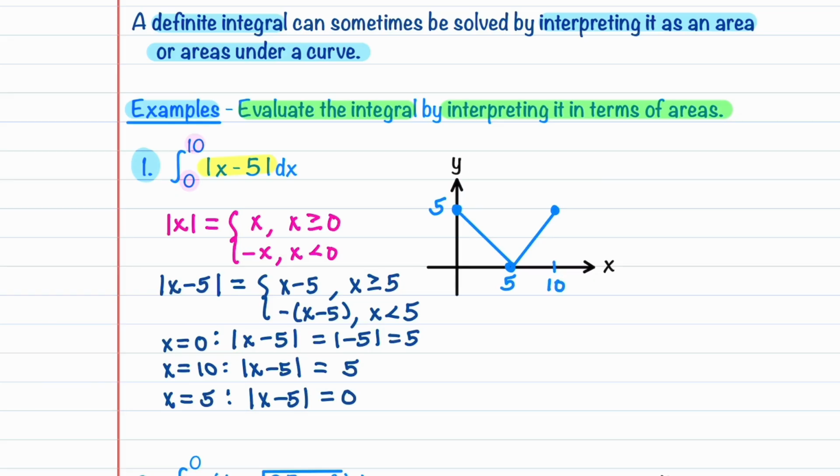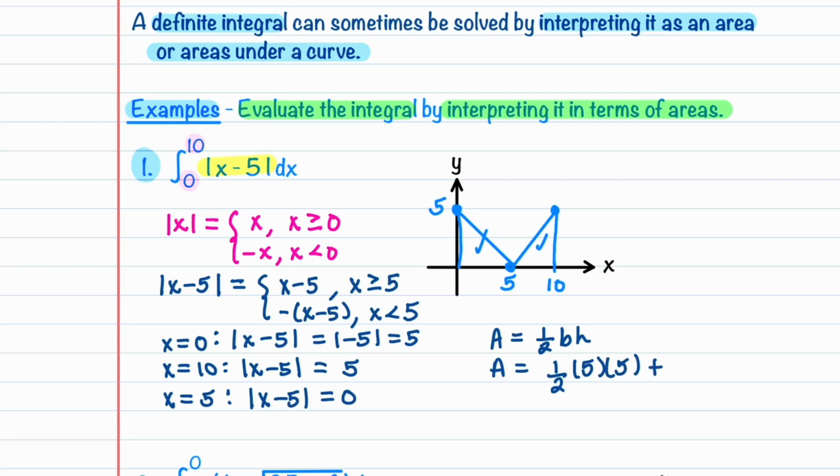Now we can interpret our integral as the area under these two triangles, this triangle and that triangle. So our area is 1/2 the base times the height for each triangle. We have 2 of them. So our area is 1/2 our first base, which is 5, times our height, which is 5.